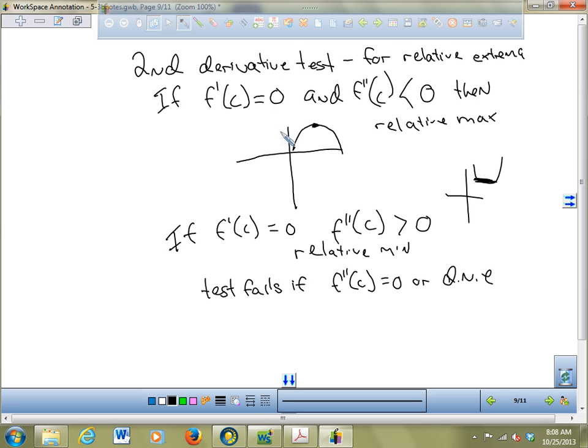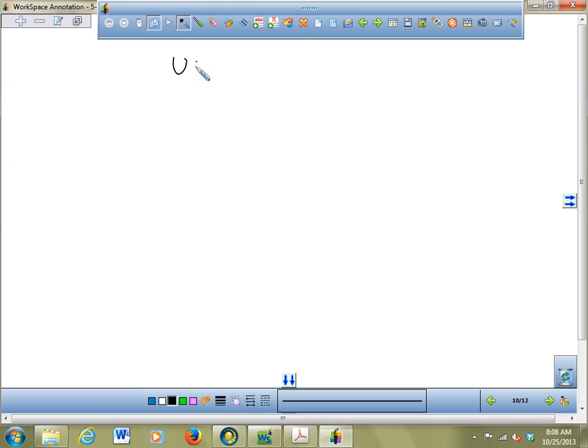So if you get a second derivative of 0, well, we'll do one in a minute. The easiest things to use the second derivative test on are... sorry, I went too fast. I'll post these.